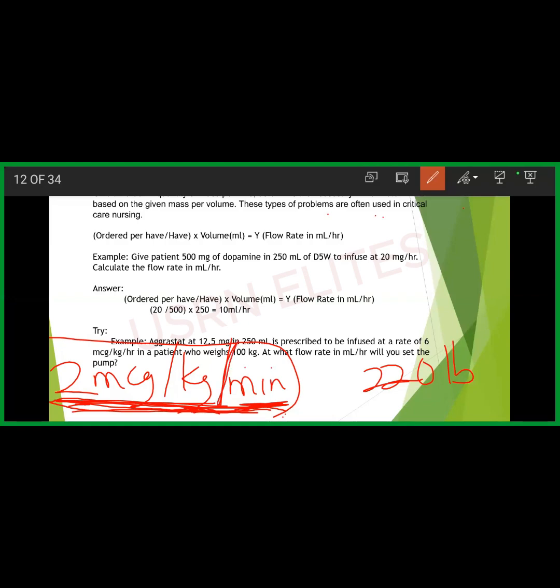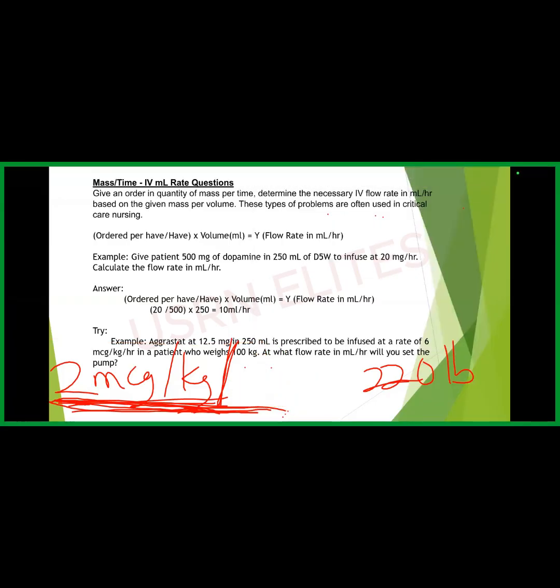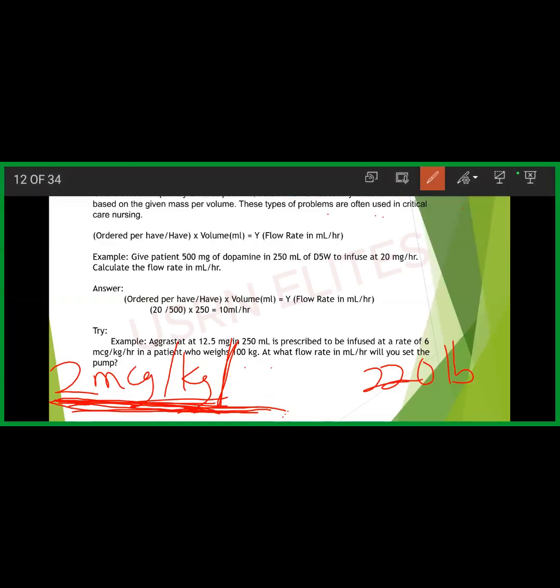Sometimes, I think yesterday we had some which was something per kilogram per day. You remember those questions we did? Which means that for every day or for every 24 hours, this whole thing should go. So this one too is giving us 2 micrograms per kilogram per minute.